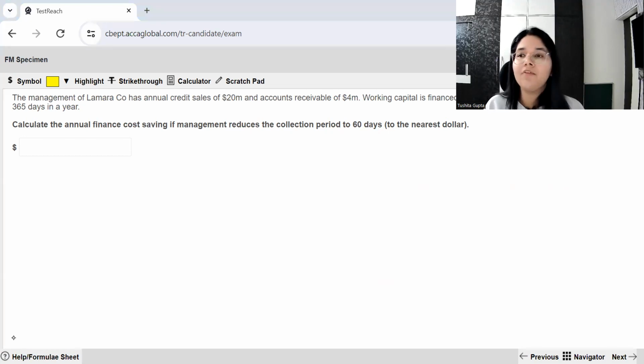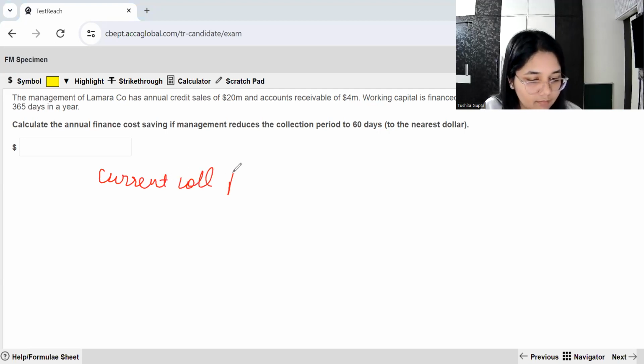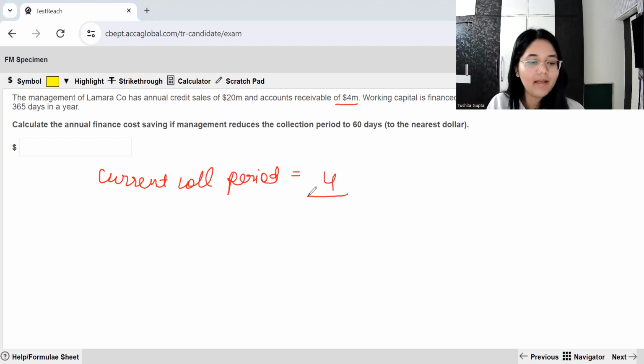So first of all, the very first thing that I have to do here is find out what my current collection period is. My current collection period will be the receivables at the moment. So my receivables are 4, and my credit sales are 20 million.